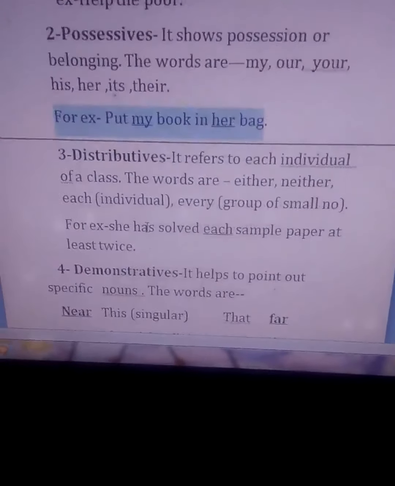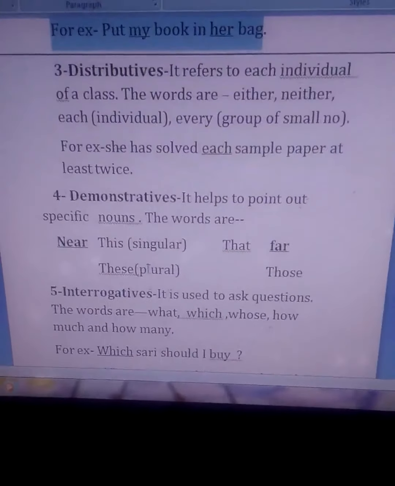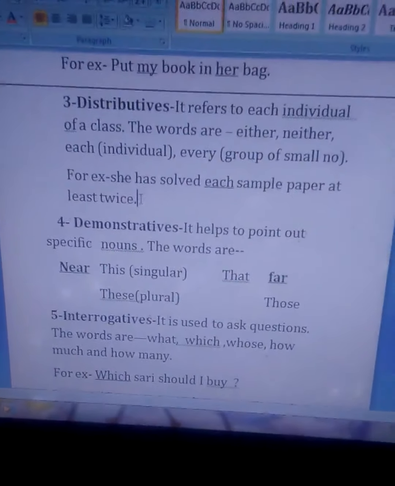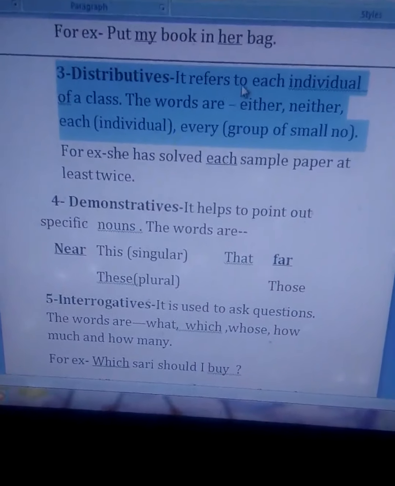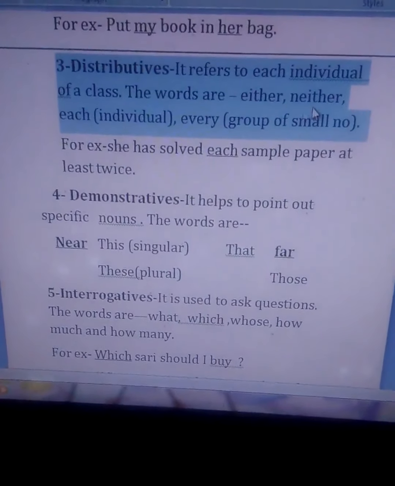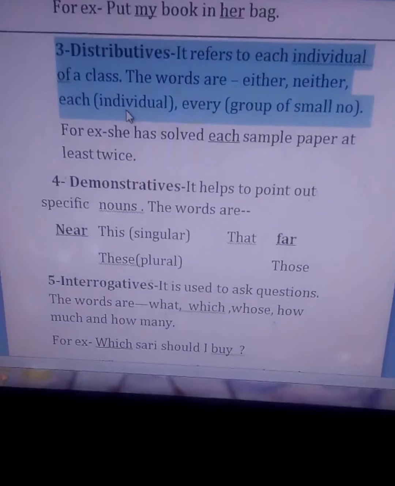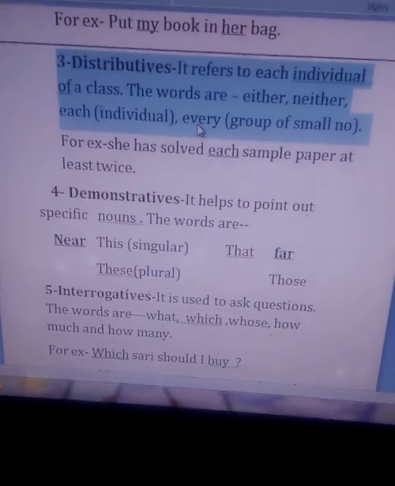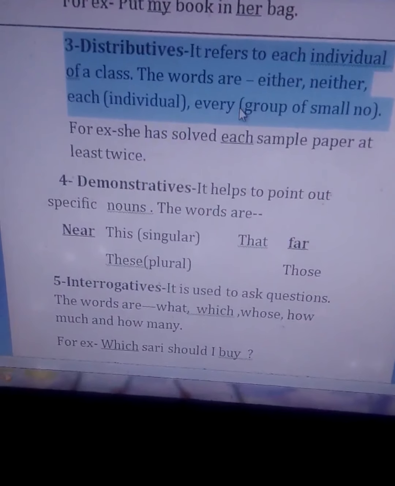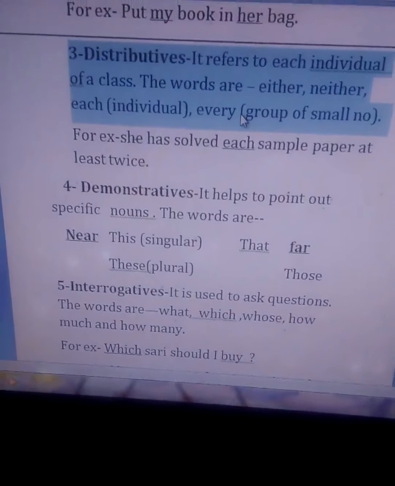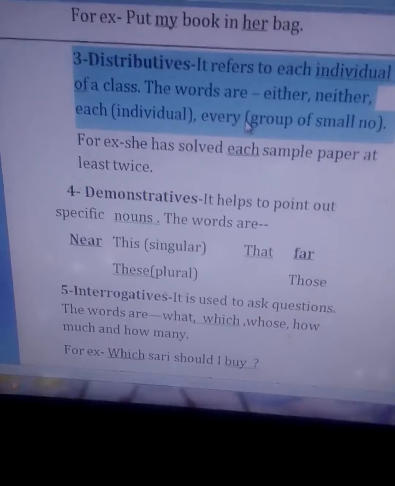Next is distributives. It refers to each individual of a class. The words are either, neither, each, every. Either is used when we talk about a choice, meaning any one of two.